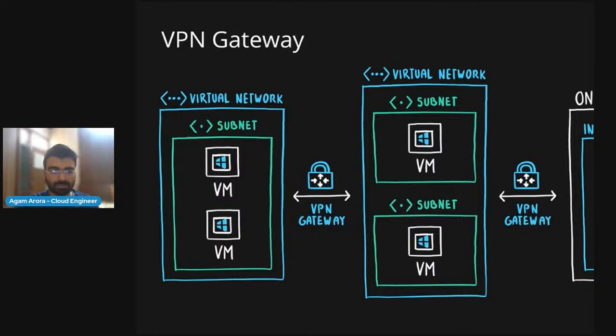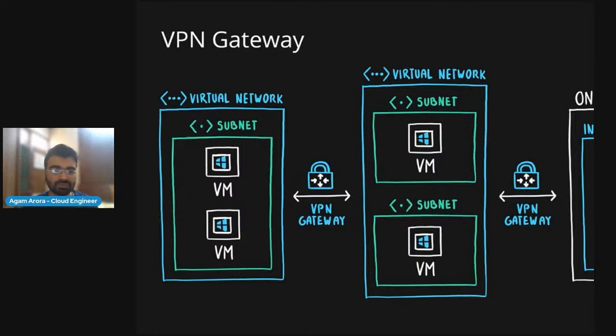The VPN gateway is used when we want to connect our virtual network resources to on-premises. First of all, we have to create a VPN gateway, which will be connecting from our virtual network to on-premises. Then it emulates that it's part of the same network, and resources can communicate with each other.